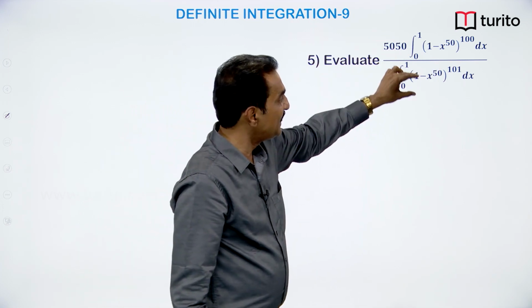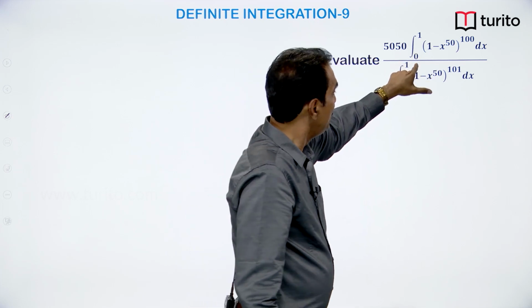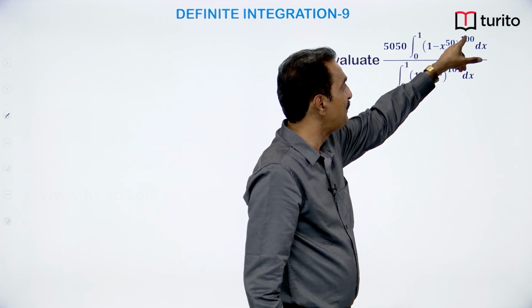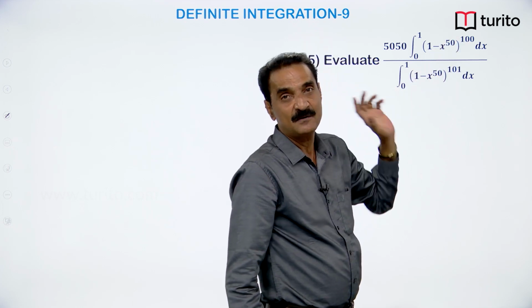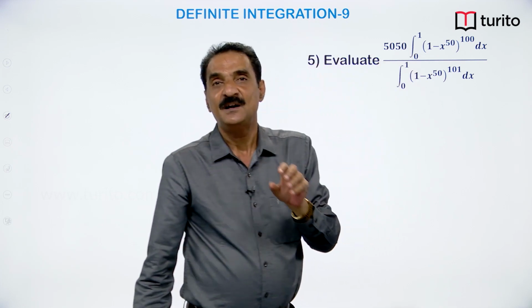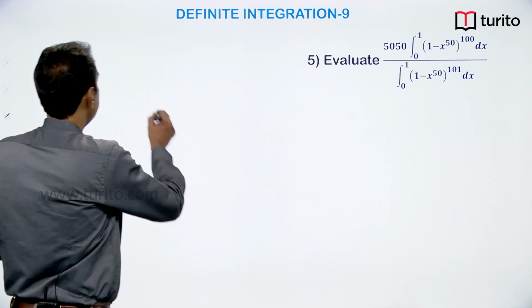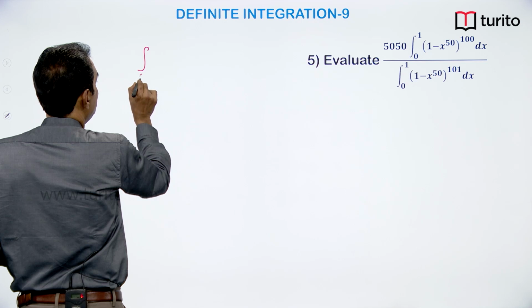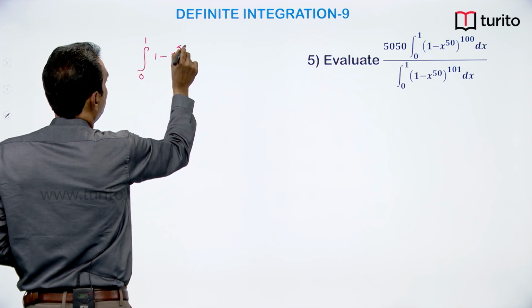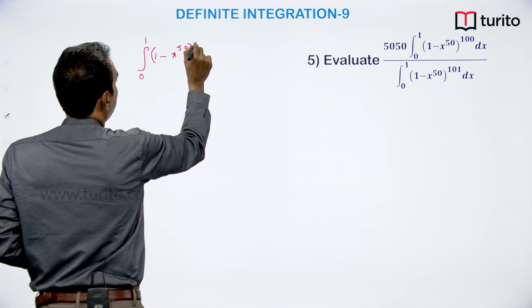If you observe the numerator and denominator, limits are same, base function 1 minus x power 50 is same, only power is 100 here and 101 here. So, in place of 100 or 101, if you take n, you will get integral 0 to 1 (1 minus x power 50) whole power n.